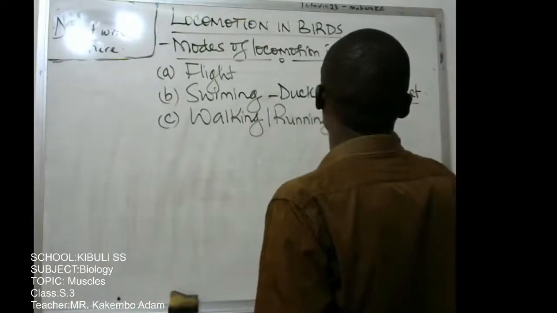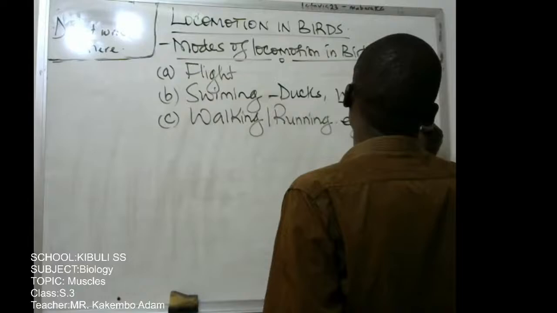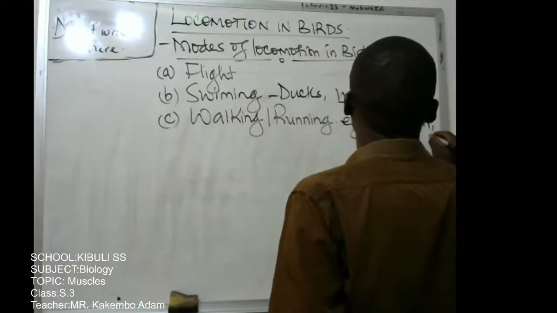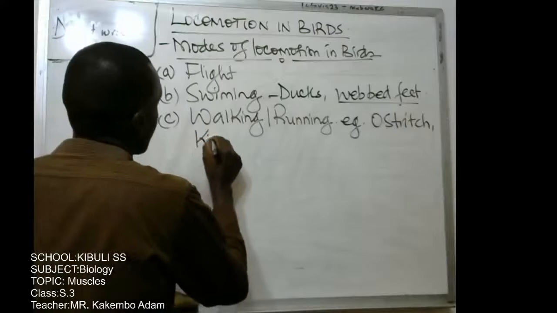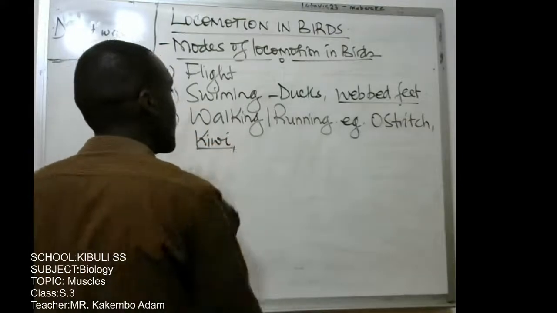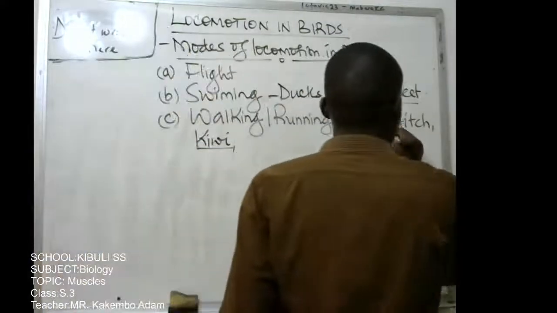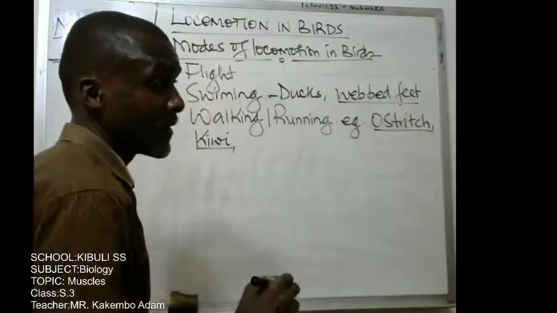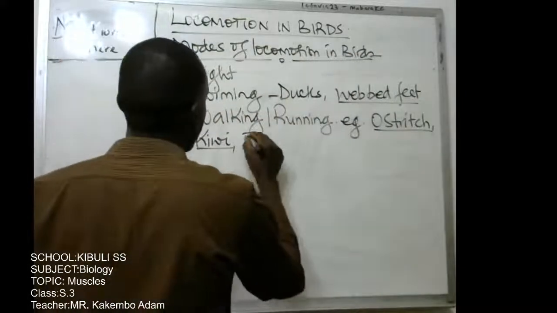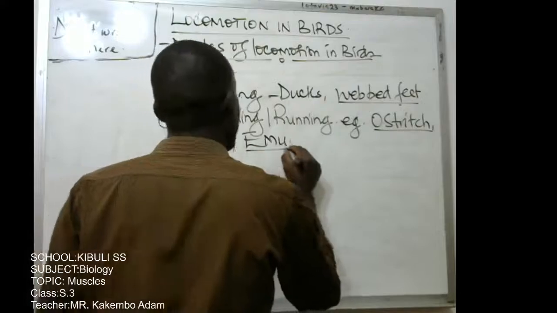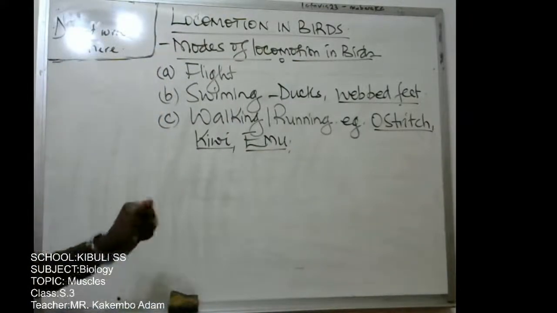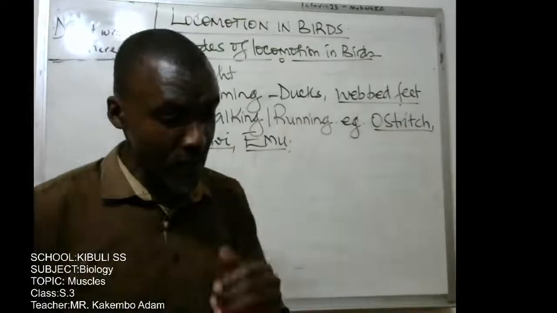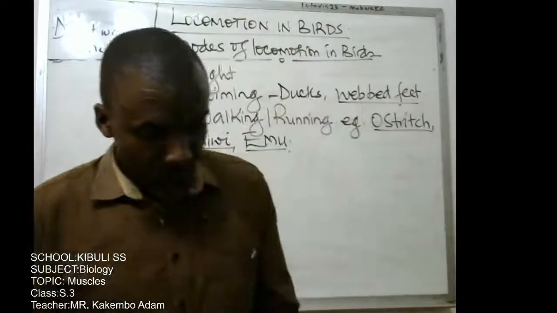Examples here we can give the ostrich, the kiwi, right? Emu, good. Someone is giving emu. Yanis has mentioned emu, ostrich, kiwi. Those ones can walk.